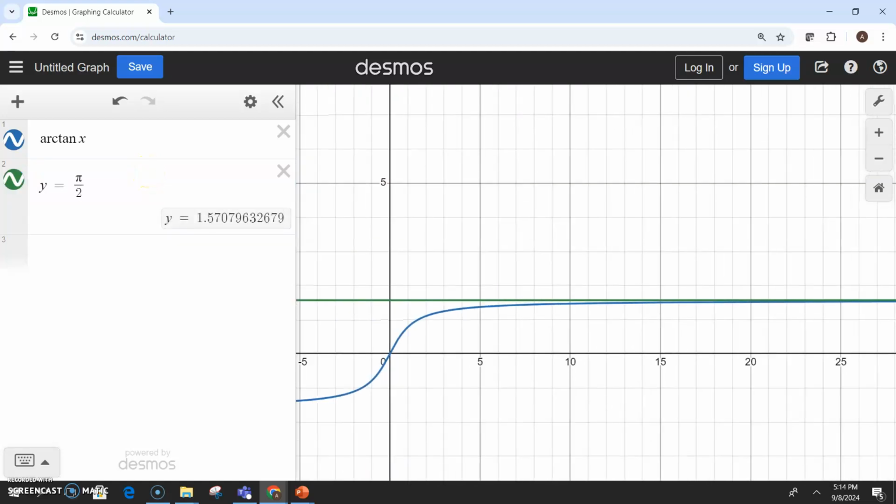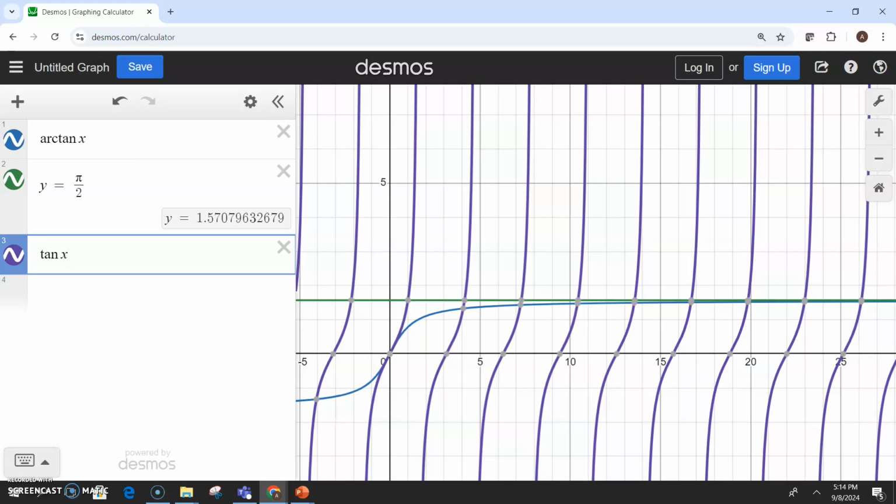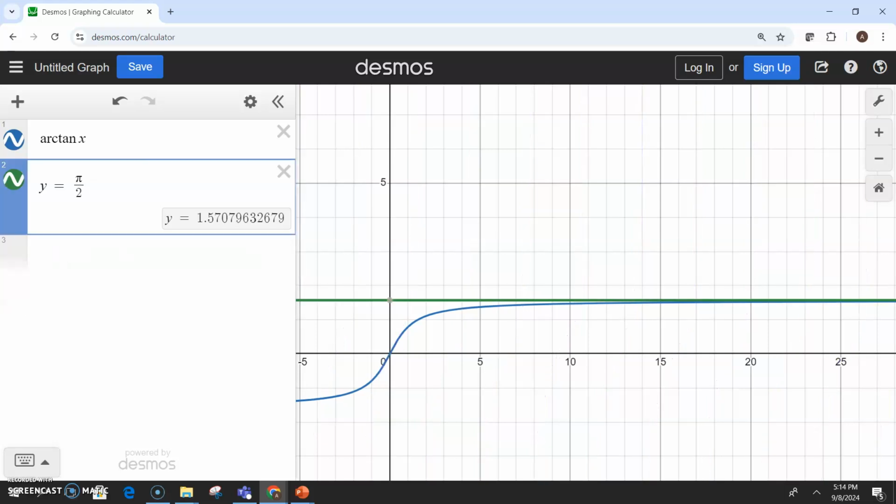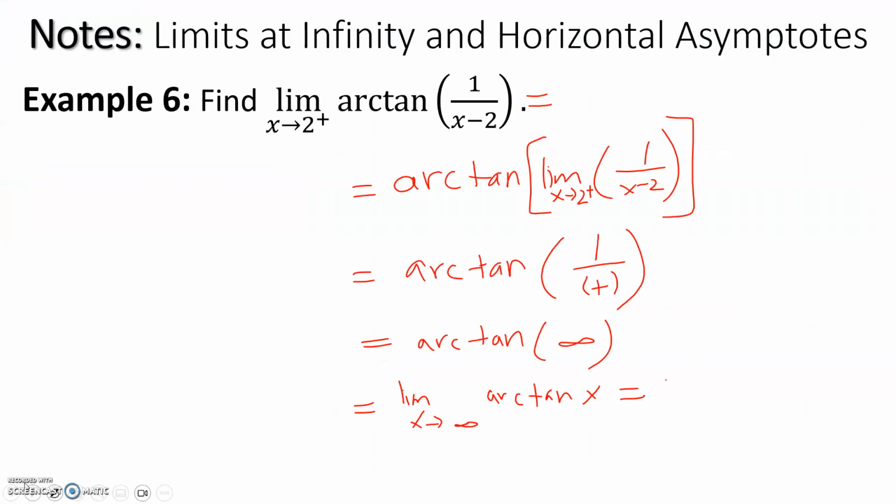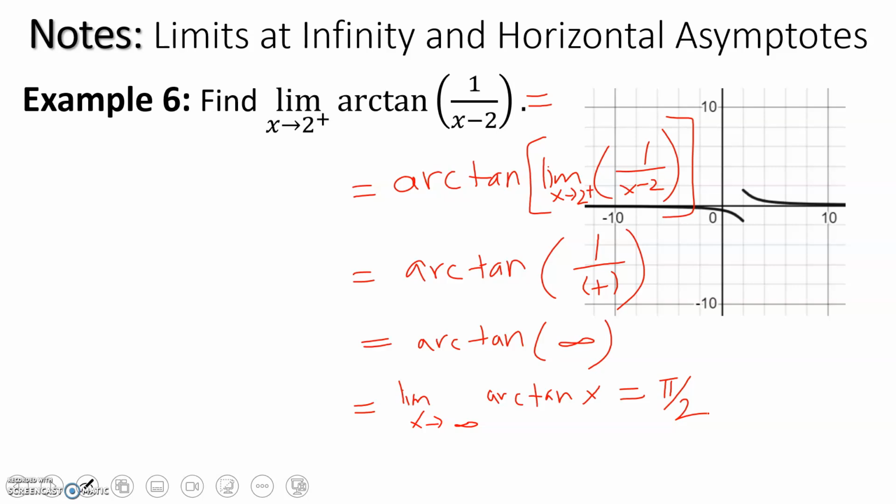Now that makes sense because tangent has asymptotes at every pi over 2. So the arctangent then has a horizontal asymptote at pi over 2. So then we're going to say this is pi over 2. Looking at the graph, we can see that that is true.